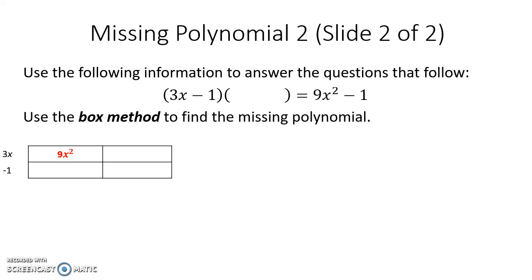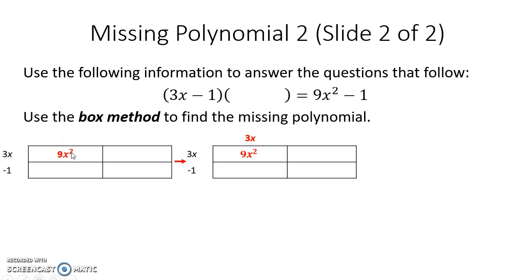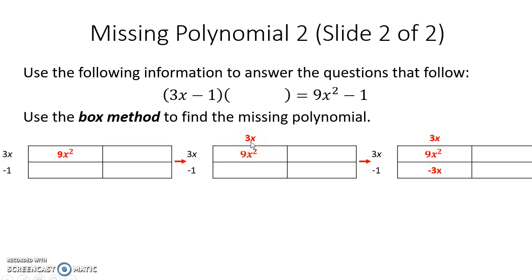The polynomial we know is on the left, and the x squared term is in that box. So we know 3x times what gives us 9x squared? Well, that's 3x. As soon as we know this, we can automatically multiply down to find this value because it's just negative 1 times 3x.